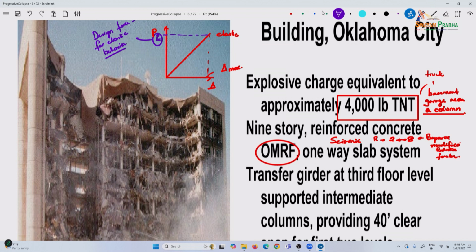Then you can instead consider a system like we talked about, where you are designing for, say, P elastoplastic.